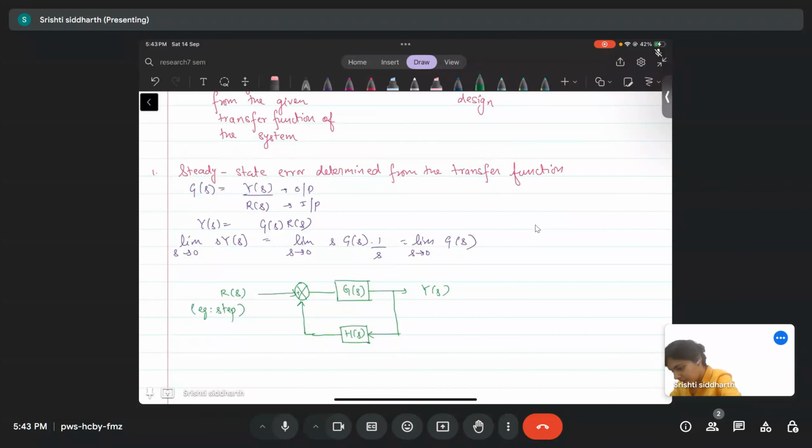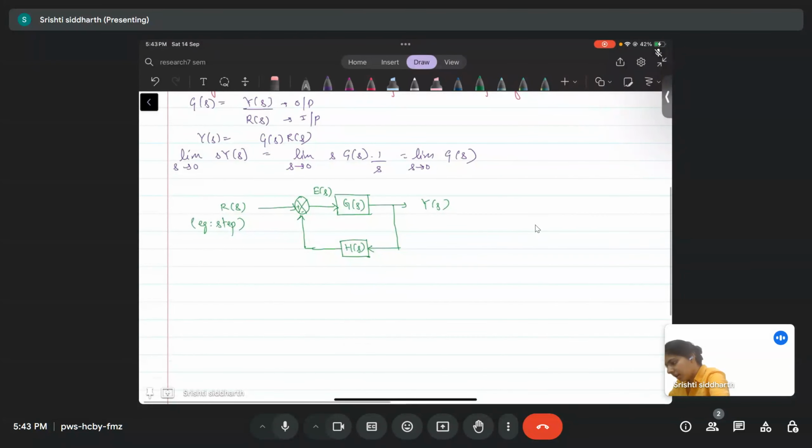This is the error signal E(s), and from the block diagram we have E(s) is R(s) over 1 plus G(s)H(s).